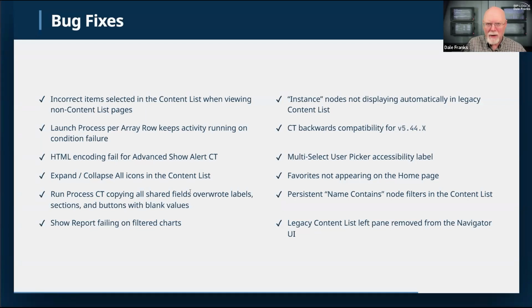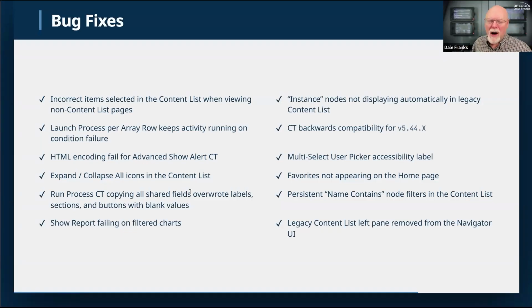So there's this entire stack of configurations that would happen. But if you had that configuration stack, labels, sections, and buttons, their texts were all overwritten with blank values. And so that was a little bit of a problem. So there were some CT issues.